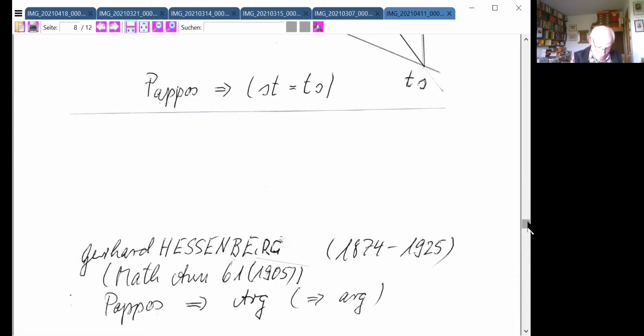So Veblen and Wedderburn could have saved a lot of work if they had known Hessenberg's theorem, but they obviously didn't know it.